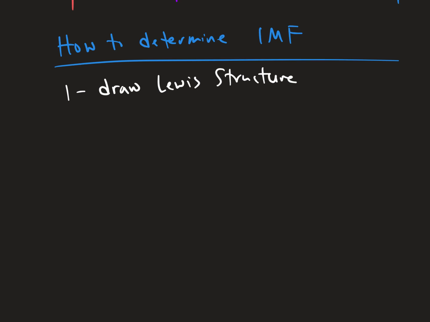Okay, step 2 is determine the molecular geometry. Well, this sounds like something we've already done, right? So do we have to worry about the electron geometry so much?